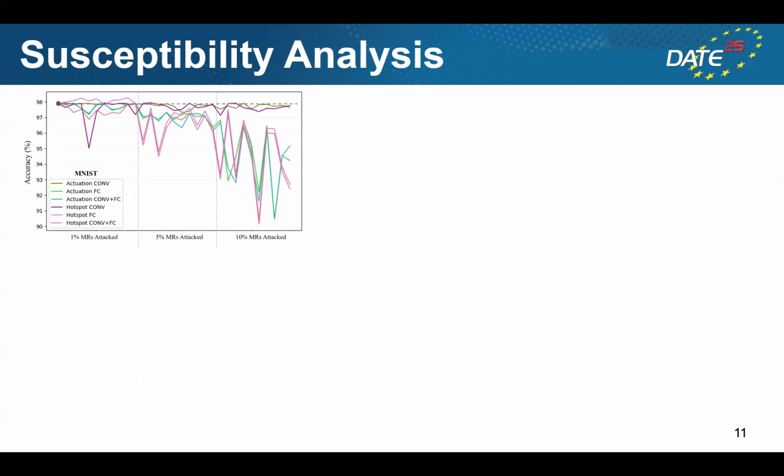In this figure, the dashed vertical lines separate the number of MRs attacked, and the different colors show the type of attack and where it occurred over several runs. As you can see here, for the CNN with the MNIST dataset, we saw that attacking the convolution block only had the lowest effect.